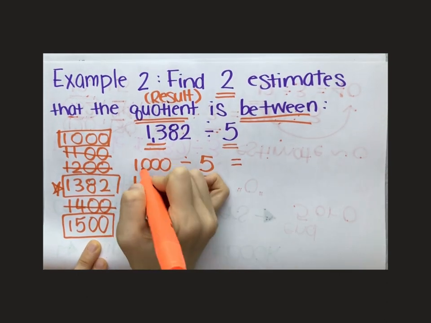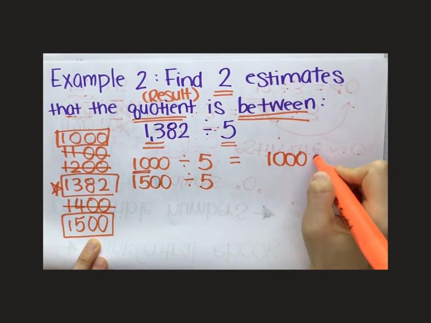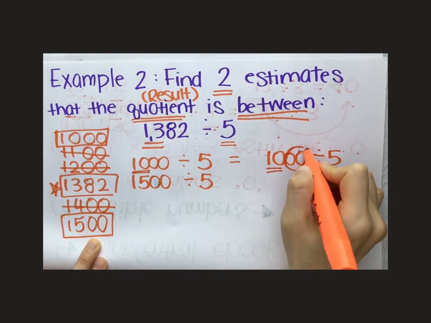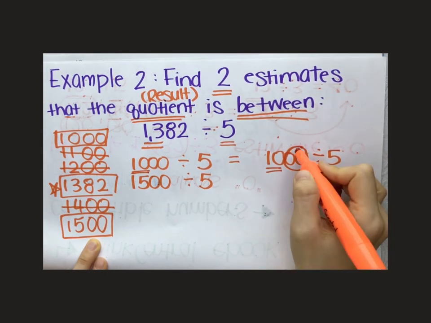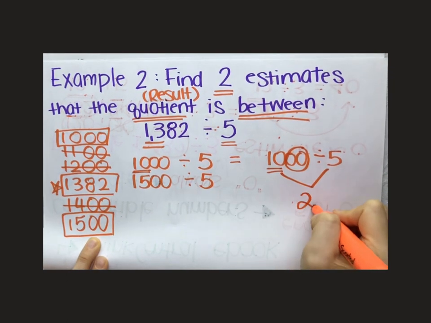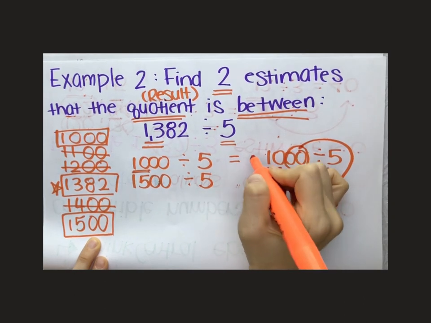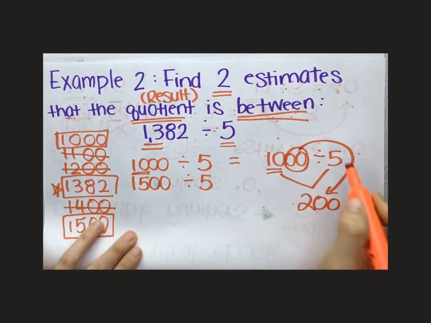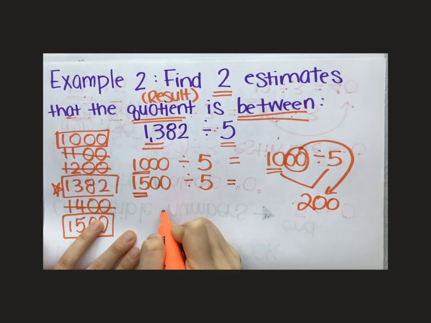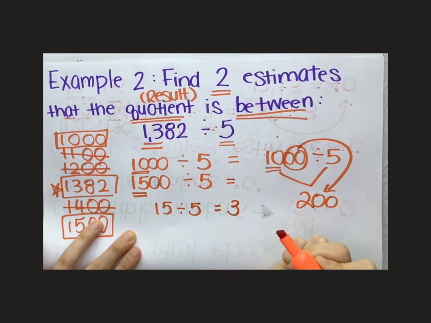Now, I'm going to underline my basic facts. I'm going to do 1,000 divided by 5, underlining my basic facts. Circle those 2 zeros. I'm going to ignore that for now. 10 divided by 5 gives me 2. Carry the zeros over. My estimate is around 200. I'm going to underline my 15. 15 divided by 5 is 3.